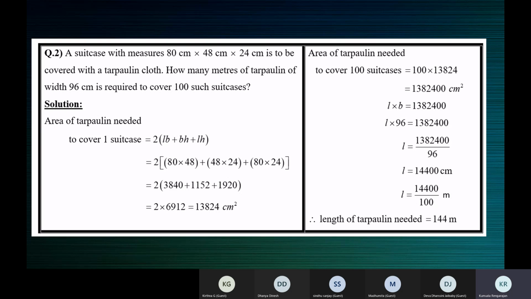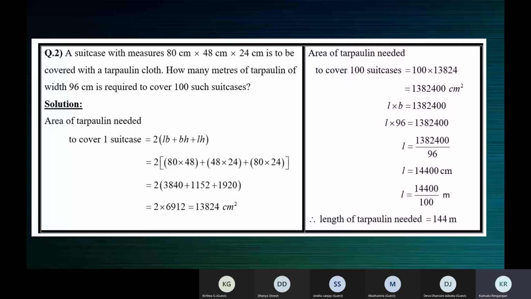Since this question is about covering the outside of the box with tarpaulin, the cloth should cover the 6 surfaces of the cuboid. Hence, we have to find the total surface area, not the volume.